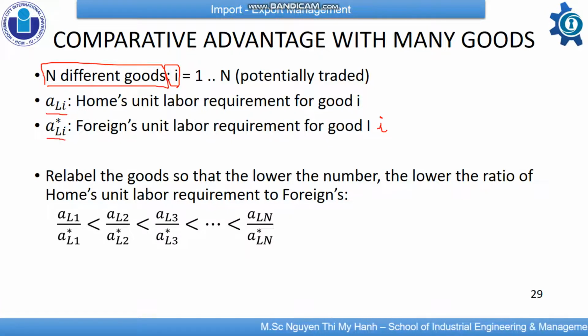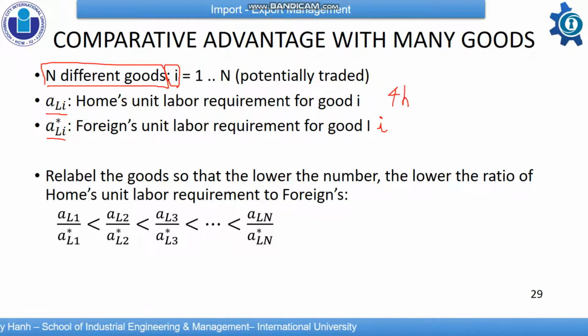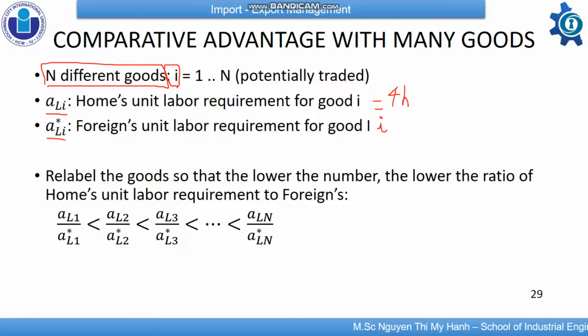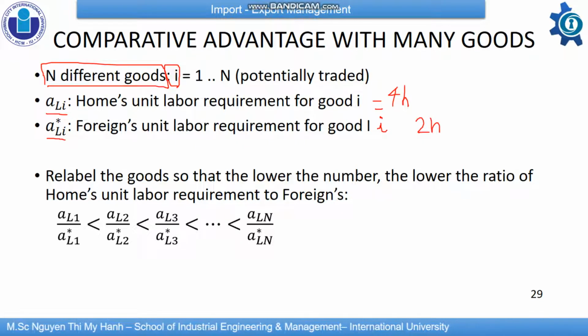To remind you, for example, we need 4 hours to produce 1 pound of cheese, so a_Li will equal 4 hours. Or for example, in a foreign country, we need 2 hours to produce 1 pound of cheese, so a_Li star will be equal to 2 hours.